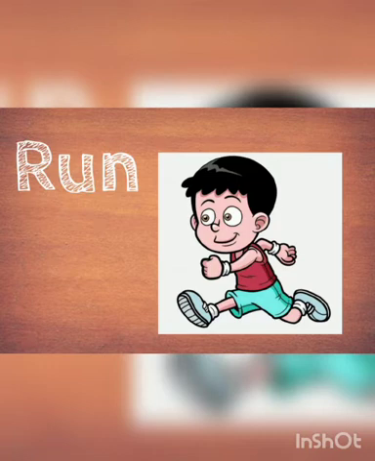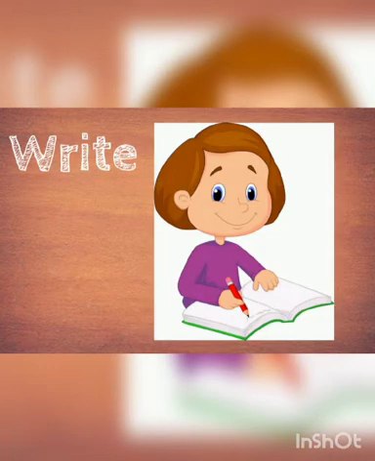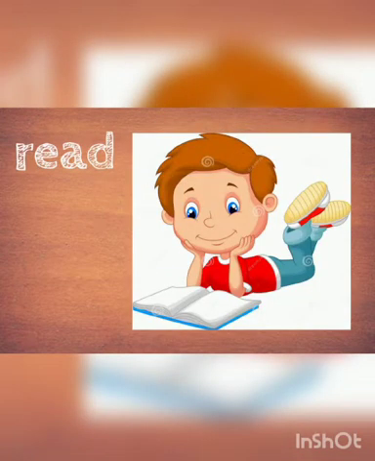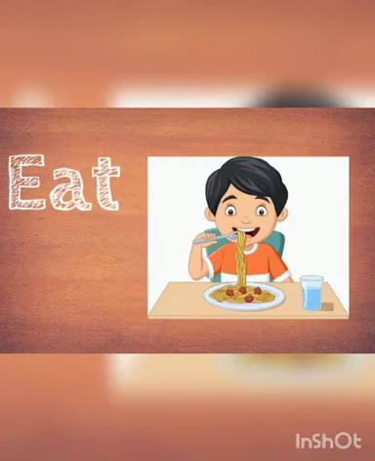It is a verb. Then write. Write is also an action verb. It means लिखना. Read, पढ़ना. Whenever we read something, read is a verb. Eat, खाना. Eat is a verb. So these are the action verbs which are used in a sentence.